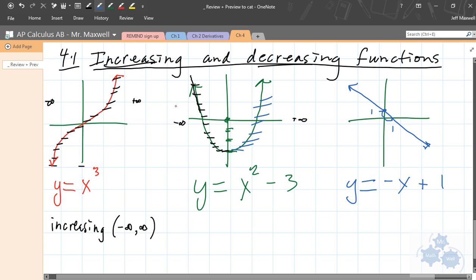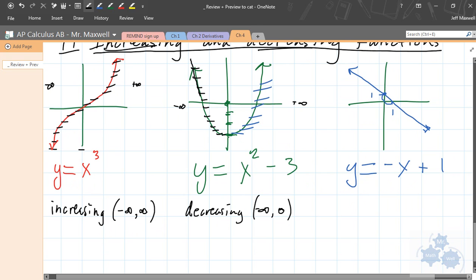So this one is decreasing on the interval of negative infinity to 0. Open bracket, closed bracket, doesn't matter. At that point, we have a special point there, so we'll just leave it open bracket. And then, of course, it's increasing after 0, so 0 to positive infinity. Does that make sense?